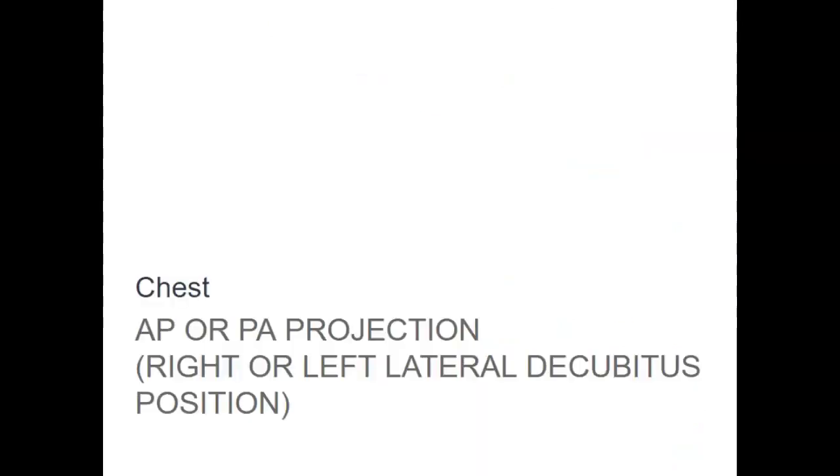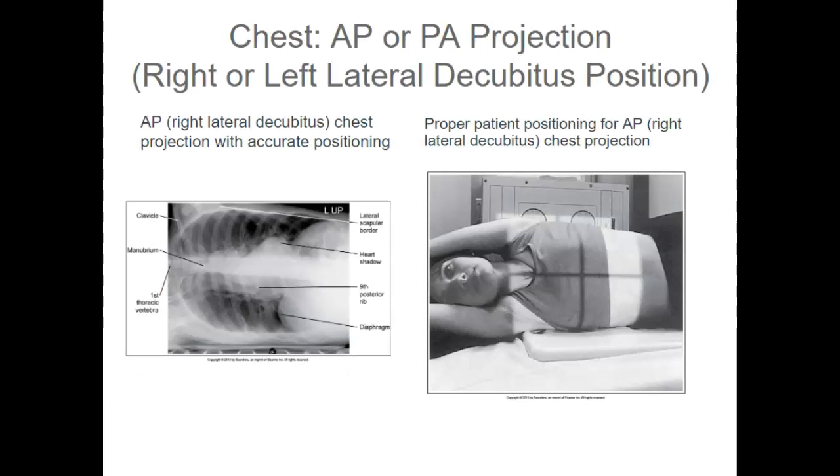Moving forward, I wanted to take a look at the right or left lateral decubitus chest projections. Generally speaking, the same PA image analysis guidelines and the AP image analysis guidelines pertain to a decubitus position.